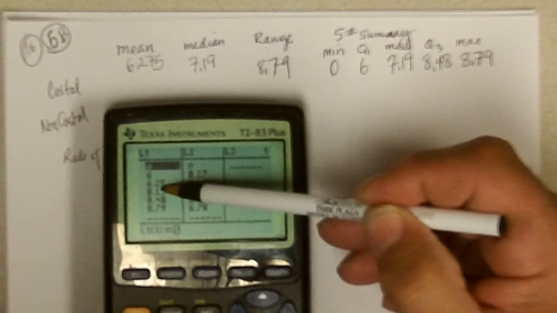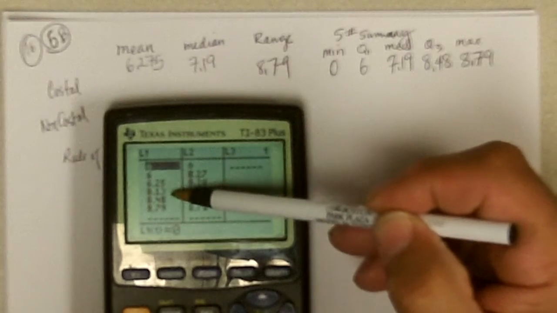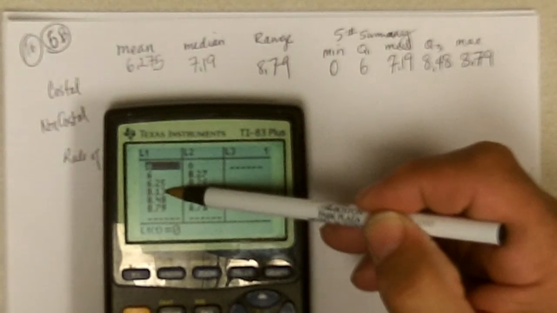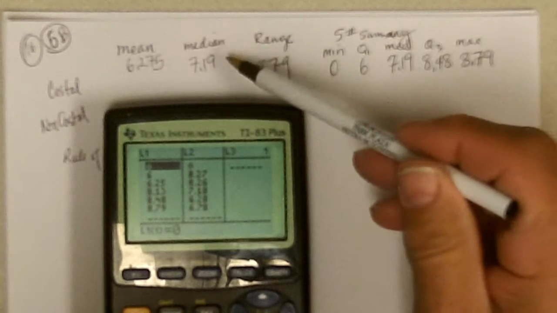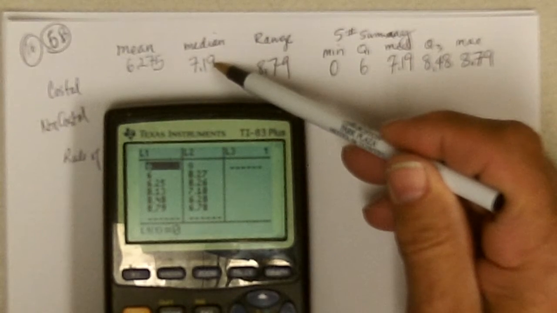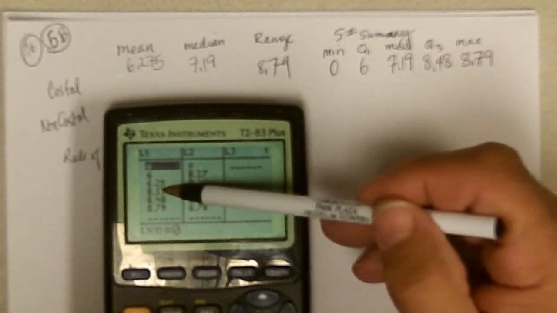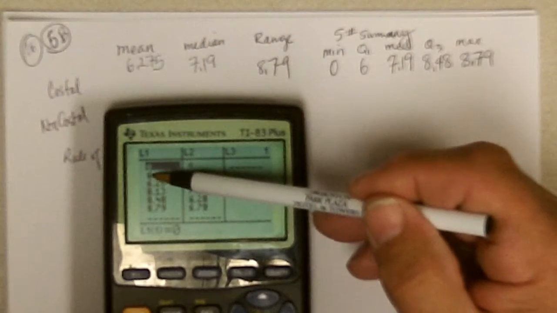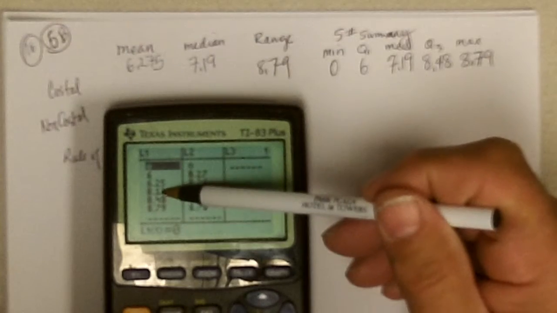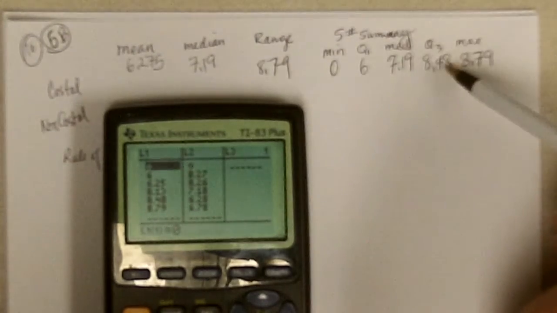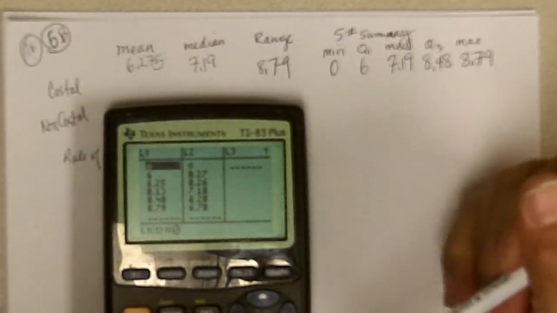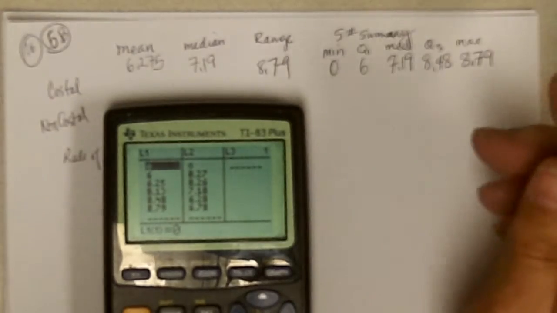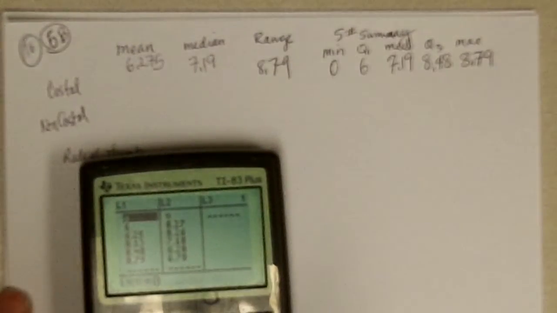If I add 6.25 and 8.13 and divide by 2, I get the median of 7.19. That's the middle two, so it goes halfway between them. The lower quartile is the middle of these 3, which is 6. The upper quartile is the middle of these 3, which is 8.48, and the max is 8.79. That's what the calculator did.